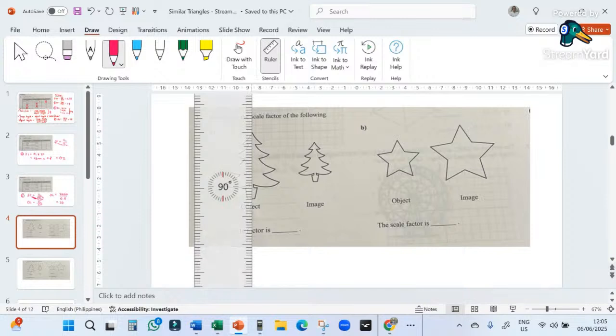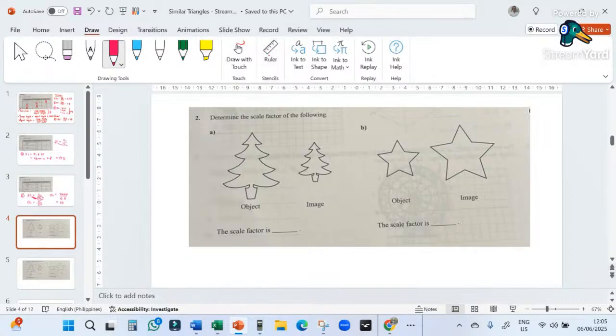For my ruler, the height is 24. The object length is 24 units. I don't know what unit that is, so I'll just put 24 units.